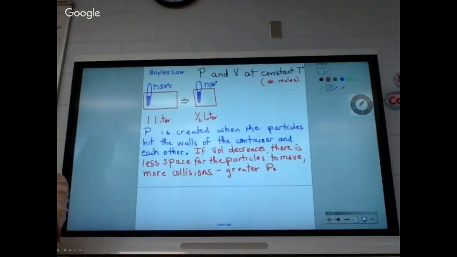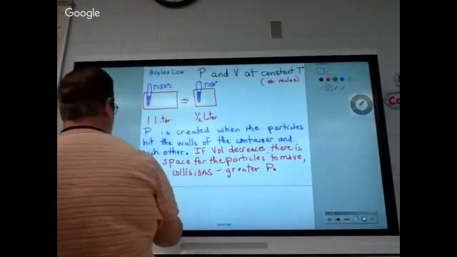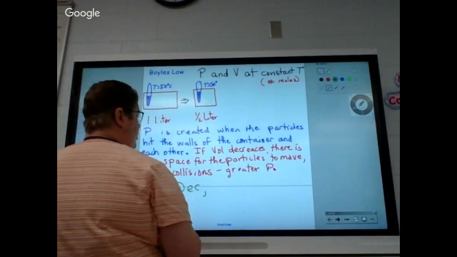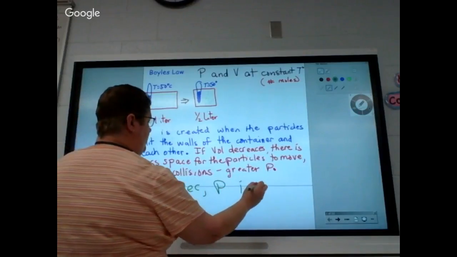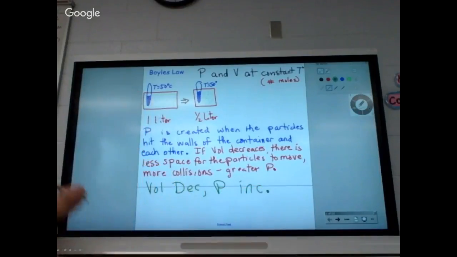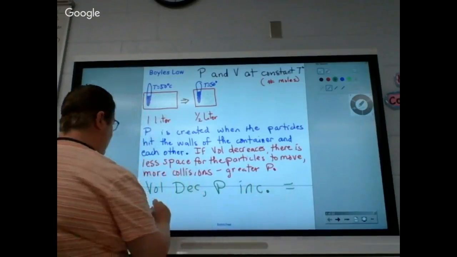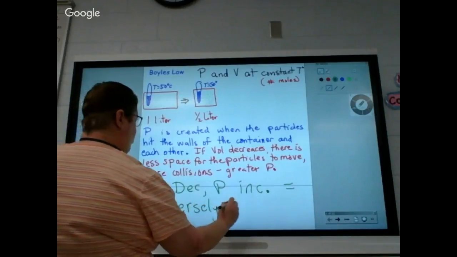So, what happened? Volume did what? Okay, so volume decreased. Pressure did what? Pressure increased. So, what's the relationship? Inversely proportional. Okay. That means that it's inversely proportional.